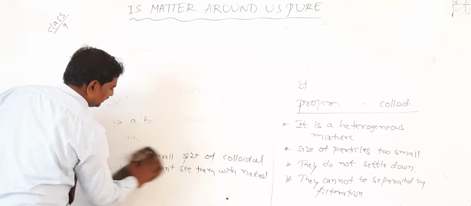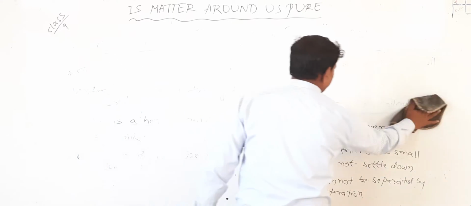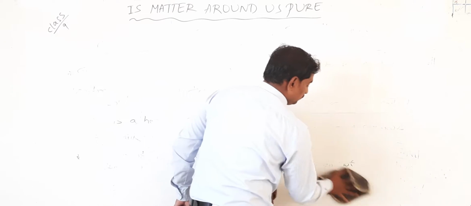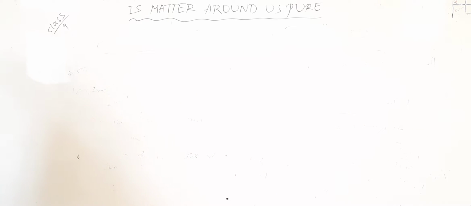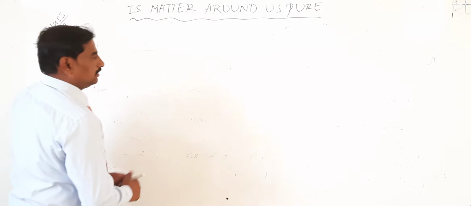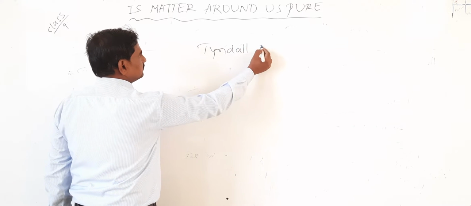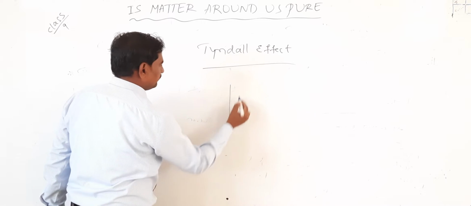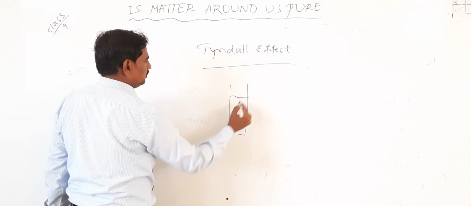The Tyndall effect takes place through the colloidal particles, when light is scattered by the colloidal particles. The Tyndall effect usually, in a solution, take a solution like a sugar solution.